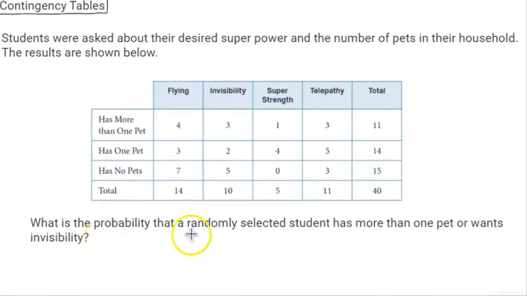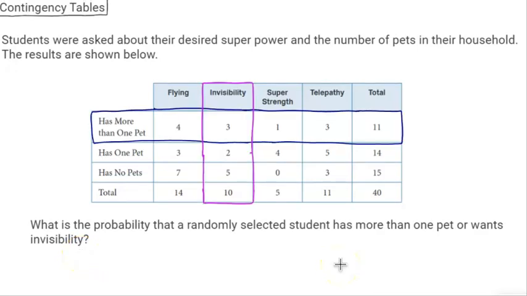Next, we'll find the probability that a randomly selected student has more than 1 pet or wants invisibility. So since this says or, we're going to include any student that fits at least one of the conditions.